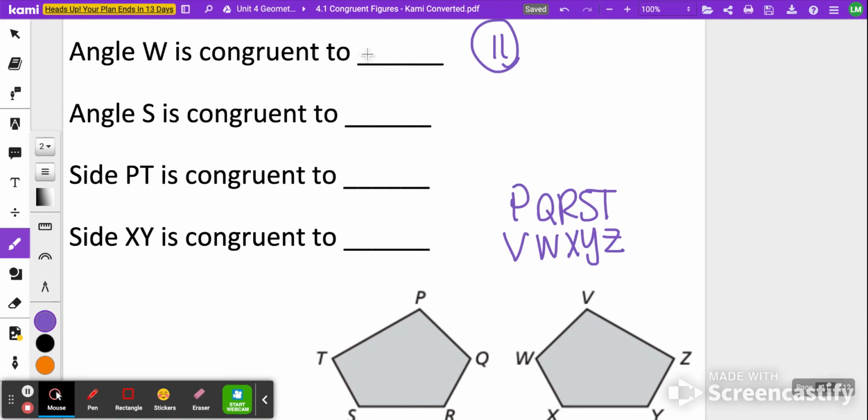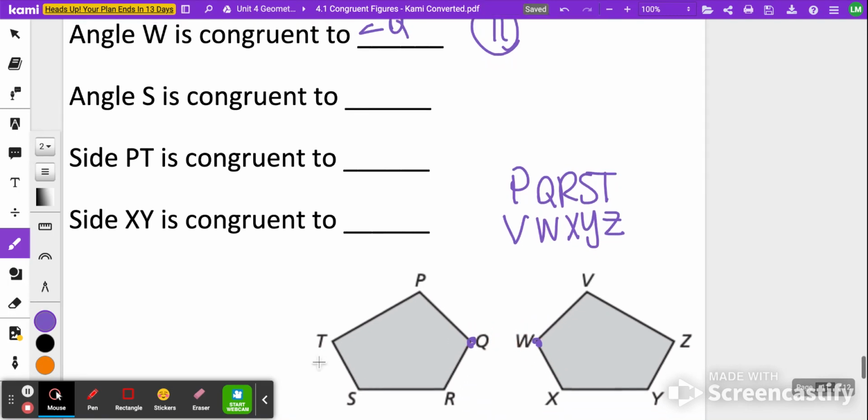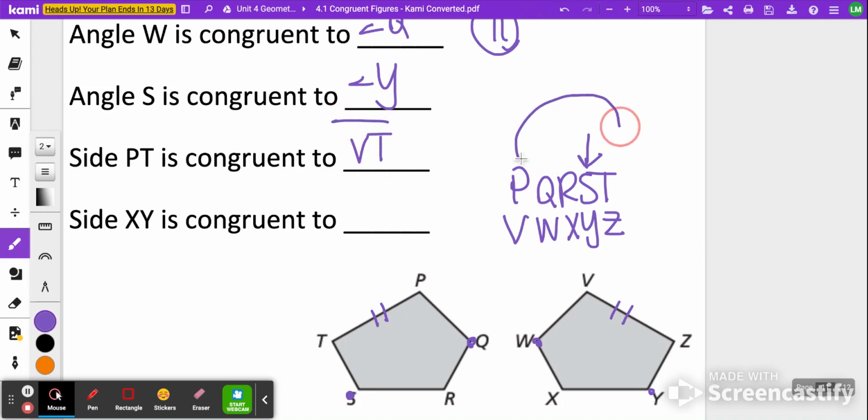Angle W matches with angle Q. I can see that because I stacked my letters, but also here is W, and it's just a reflection of Q. Angle S is congruent to angle Y, also noticing that S is stacked on top of Y. Side PT, which is here, matches side VZ.